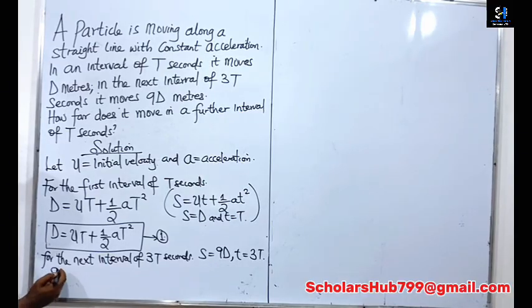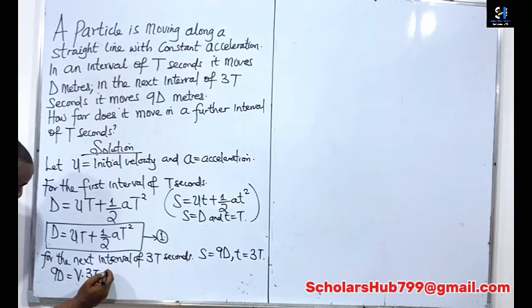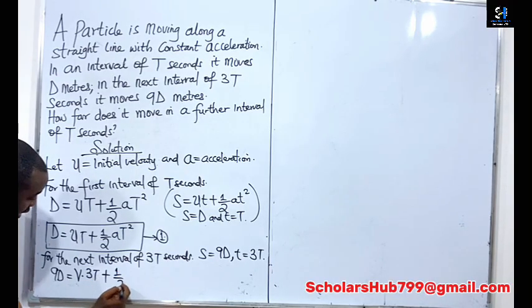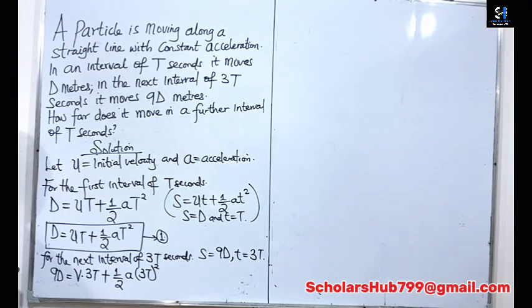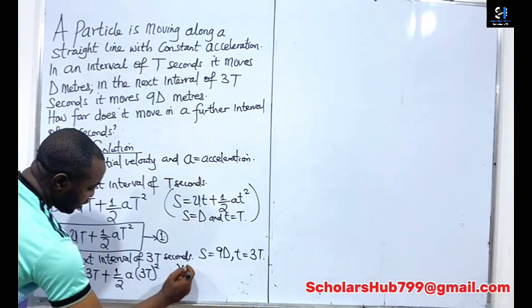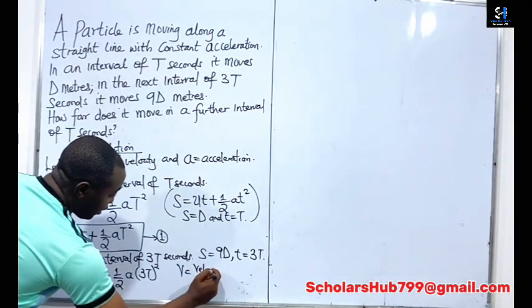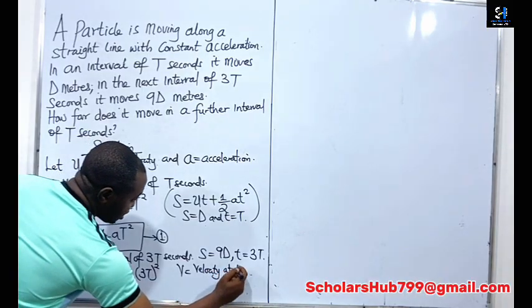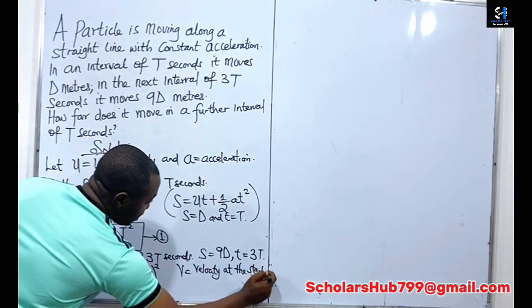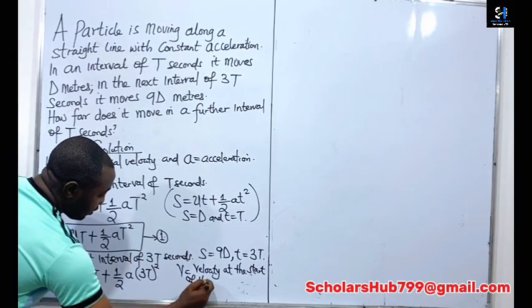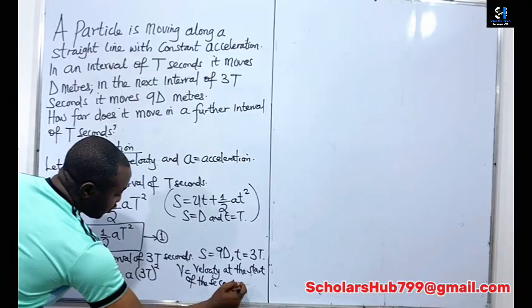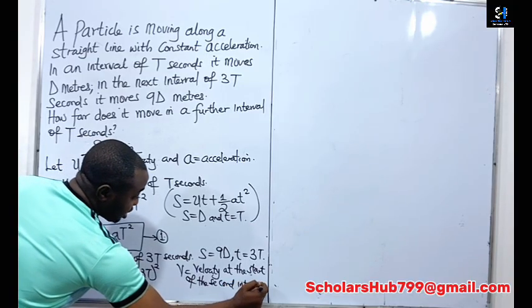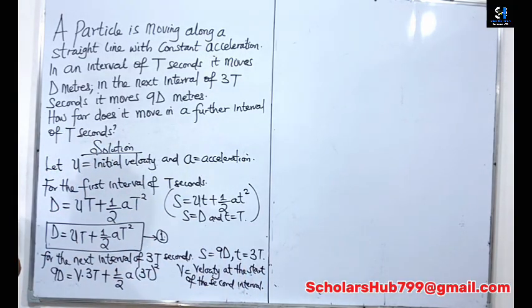So this will be 9d equals v multiplied by 3t plus 1/2 of a multiplied by 3t squared. Now I used v. What does v stand for? v stands for the velocity at the start of the second interval, or at the beginning of the second interval.